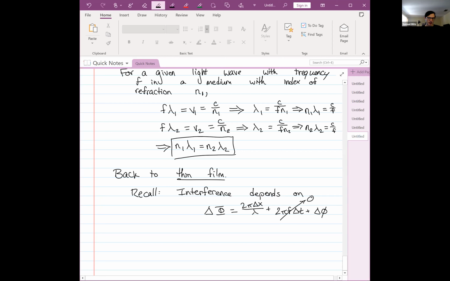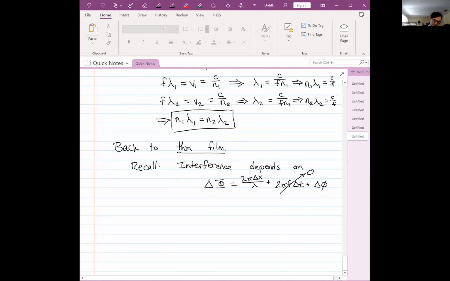Just makes things easier. And this isn't an approximation or only applies in a single case. We can just always make that choice. It's just a choice of coordinate systems, really. So now we have to consider a few different effects. So now there's 3 effects to consider of the thin film reflection. So first, the thickness of the film.